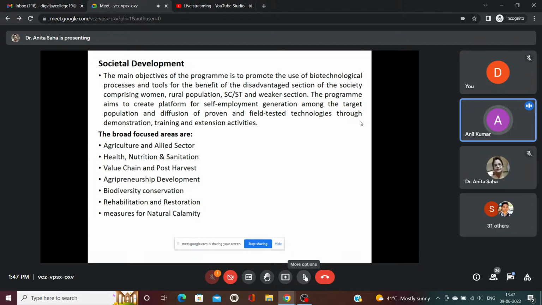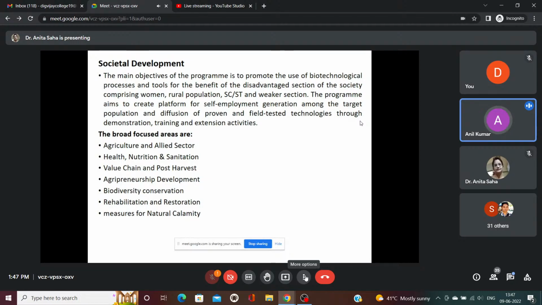If we can develop a small technology for the polymers of polylactic acid, then it may replace the plastics, and we may transfer this technology to the weaker sections of our SC and ST community or the rural community of our society.